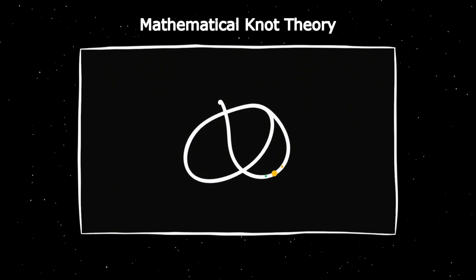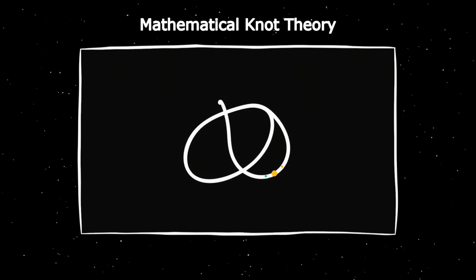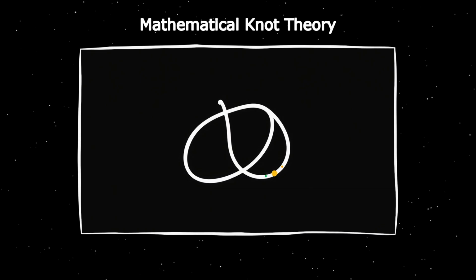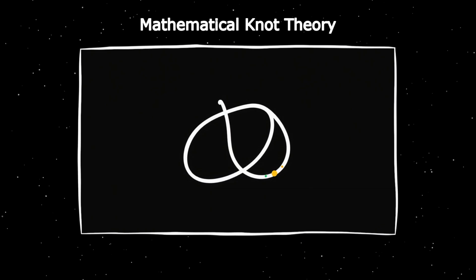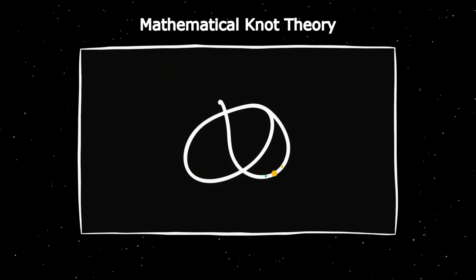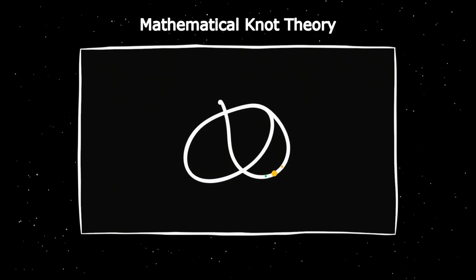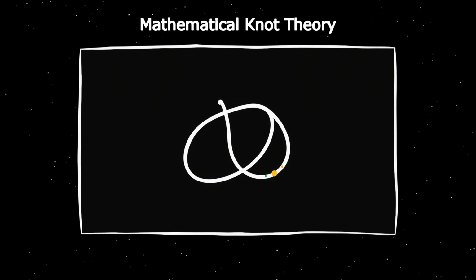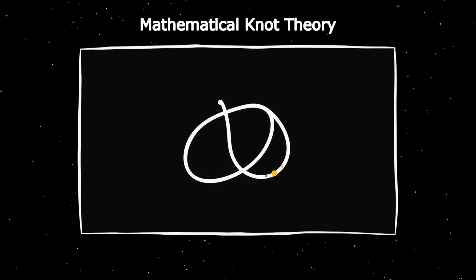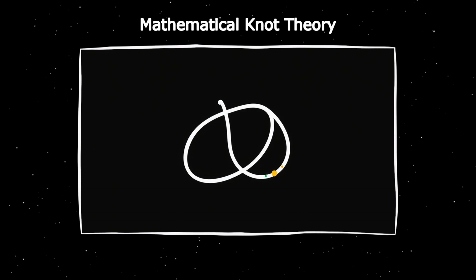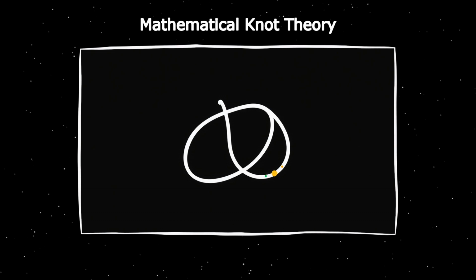For example, mathematicians have defined various types of knots, such as prime knots, which cannot be decomposed into simpler knots, and composite knots, which are formed by tying two or more prime knots together. Analyzing these different classifications can unlock new understanding within the mathematical community.